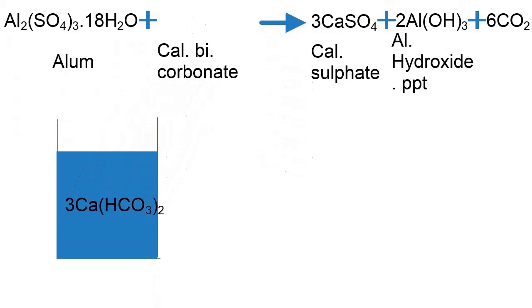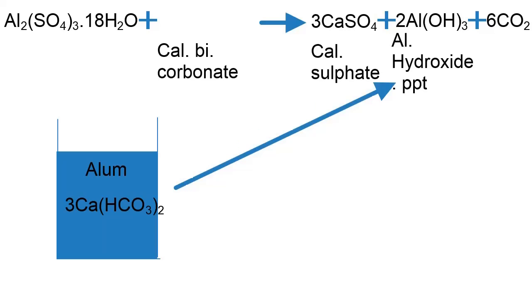Water is sometimes alkaline, and this sedimentation and coagulation is just the second part of water treatment. Therefore the water is still raw. In the raw water itself, the calcium bicarbonate will be there, and the added alum will react with the calcium bicarbonate present in the water. Then it will produce calcium sulfate, aluminum hydroxide and carbon dioxide.